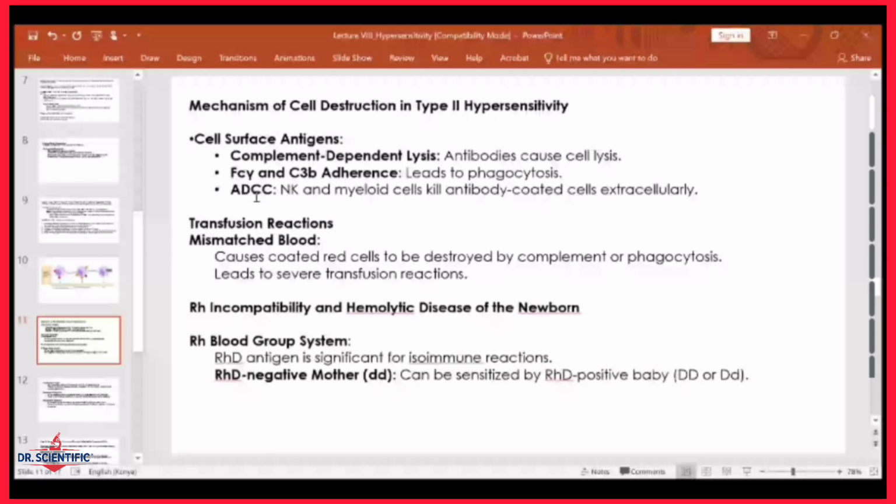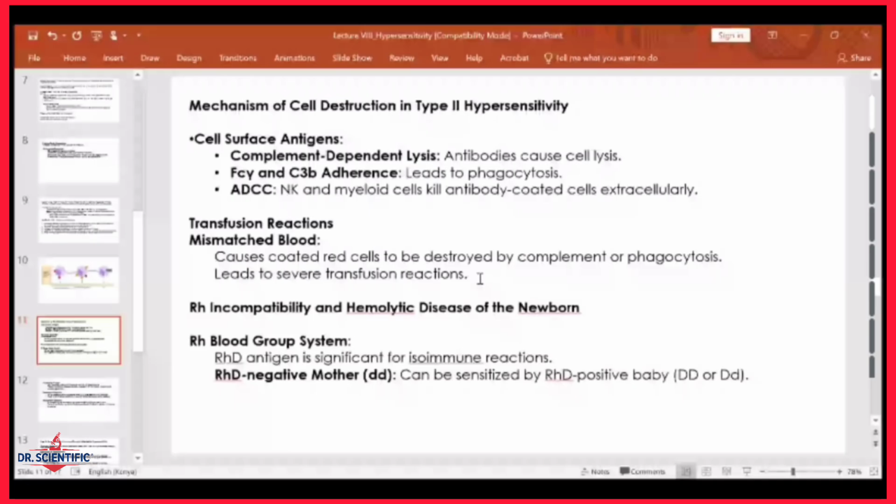Now, there's a question that I've asked you. We know that with mismatched blood the reaction happens because of the mismatch, and an individual might suffer death because of destruction of the red blood cells, because they become coated. But for the hemolytic disease of the newborn, how do you solve that?